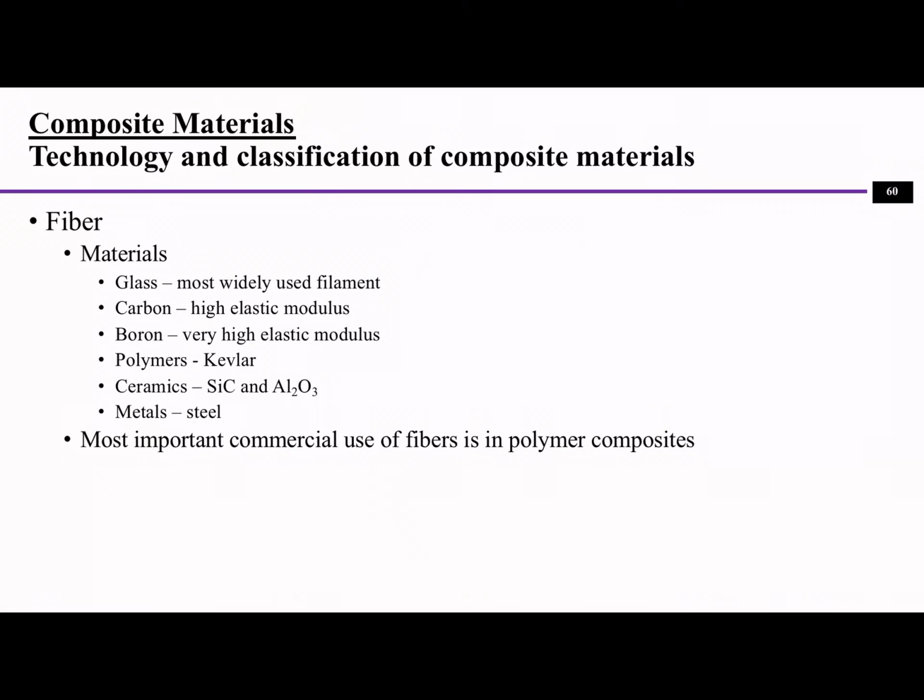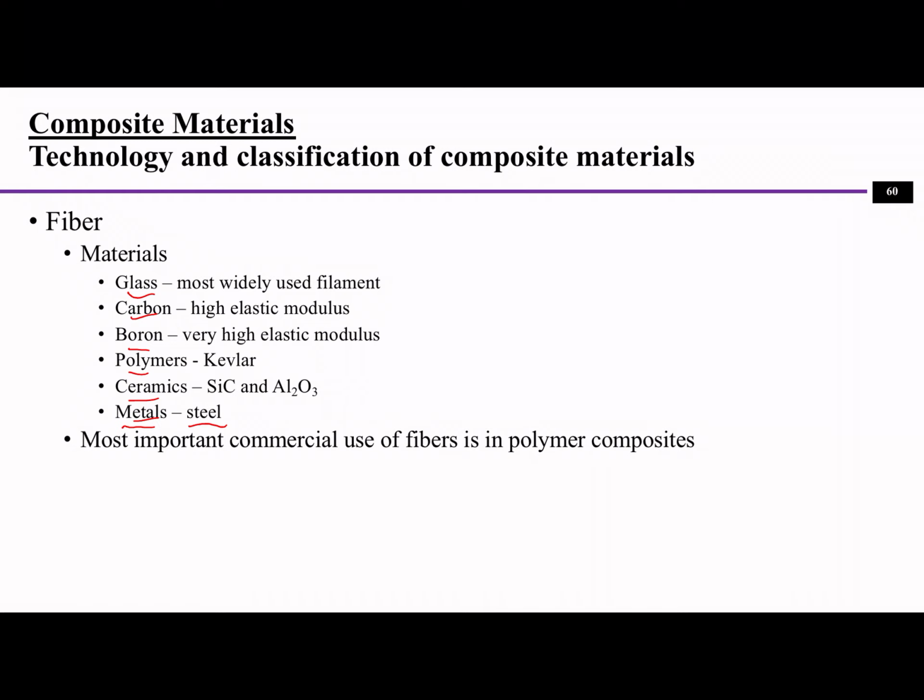And for fiber materials, it can be all the materials that we talked about before: glass, carbon, boron, or polymers, ceramics, and metals. A lot of times we see steel as a fiber.